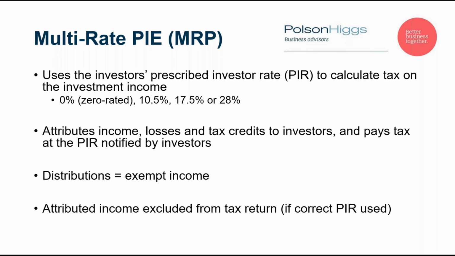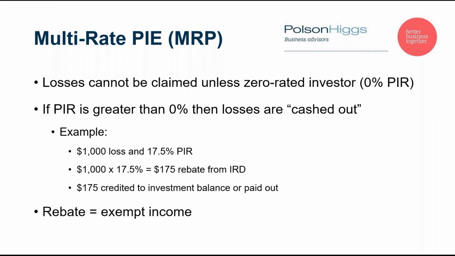Distributions, such as dividends paid out, are treated as exempt income, and if the correct PIR has been chosen, then generally the attributed income will be excluded from the investor's tax return. So when a multi-rate PI makes a loss, then the investor can only claim that loss in their tax return if they have used the 0% PIR.